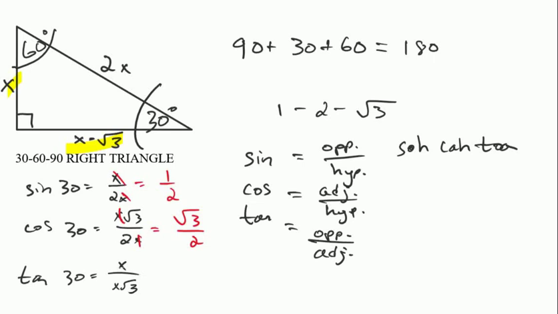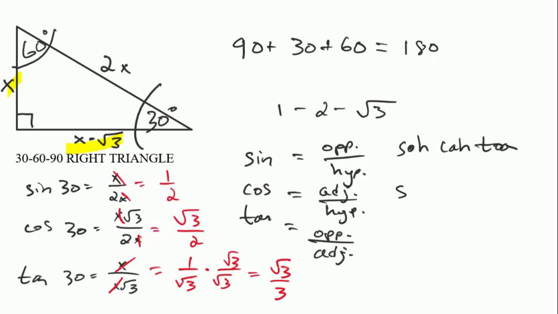Then these x's will cancel, 1 over rad 3. But usually we just rationalize this, so we multiply it by rad 3 over rad 3, and then that becomes rad 3 over 3.